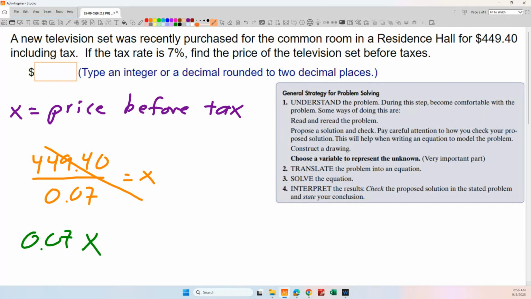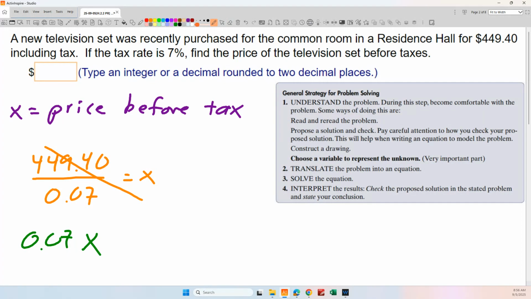Now, what's that going to give us? Okay, so describe that amount though. What does that amount represent? Would we take the 0.07x and subtract it from 449.40? Okay, right. So we could take that and subtract it from, because what this represents is 7% of the original pre-tax price, agreed? So isn't this the extra amount of money that we're paying in tax?